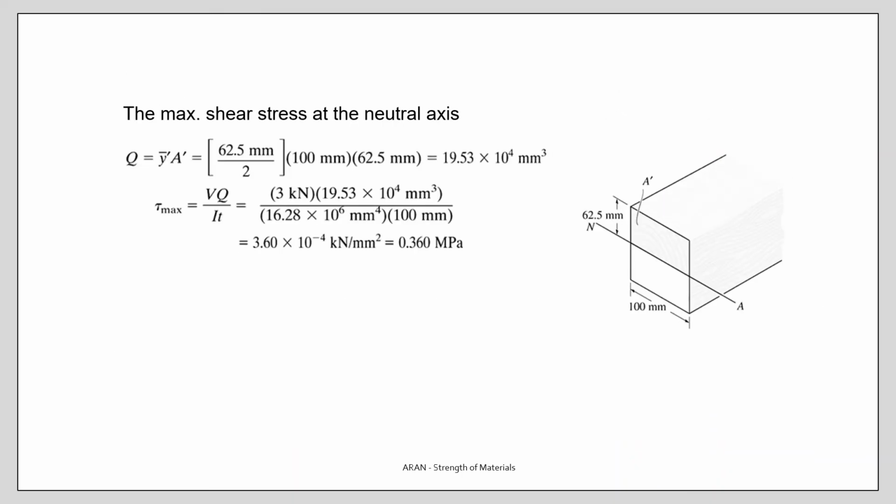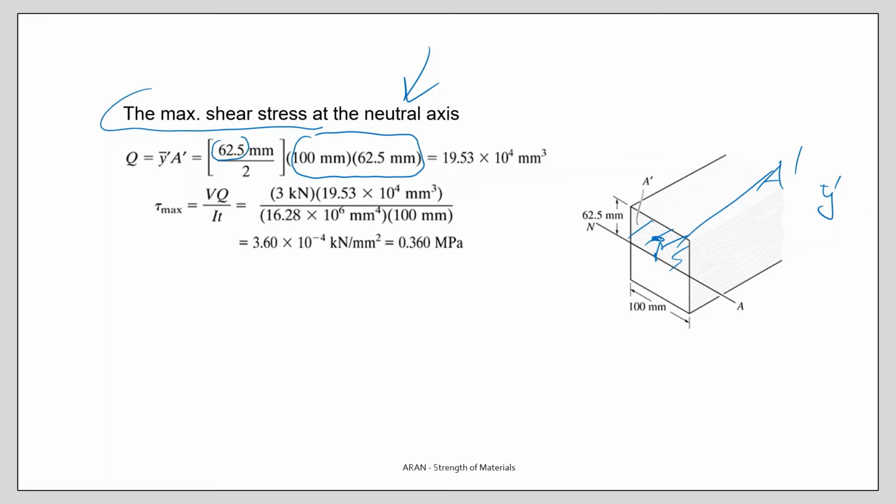Next question was the maximum shear stress. Well, we all know that's in the neutral axis. So this time my area A prime is this area. So it's 100 times 62.5. And the distance from the neutral axis Y prime is 62.5 divided by 2.